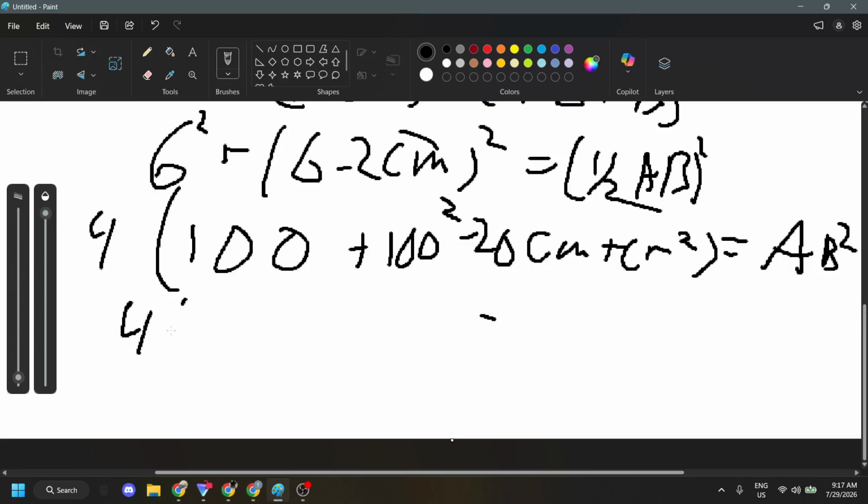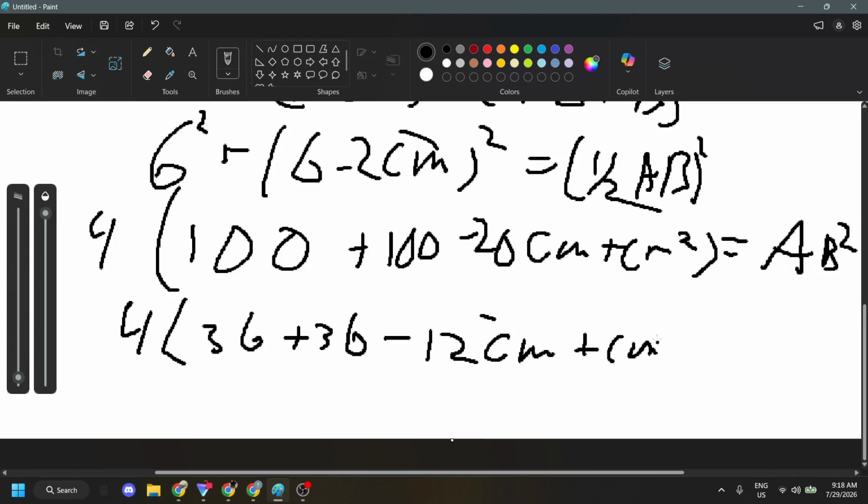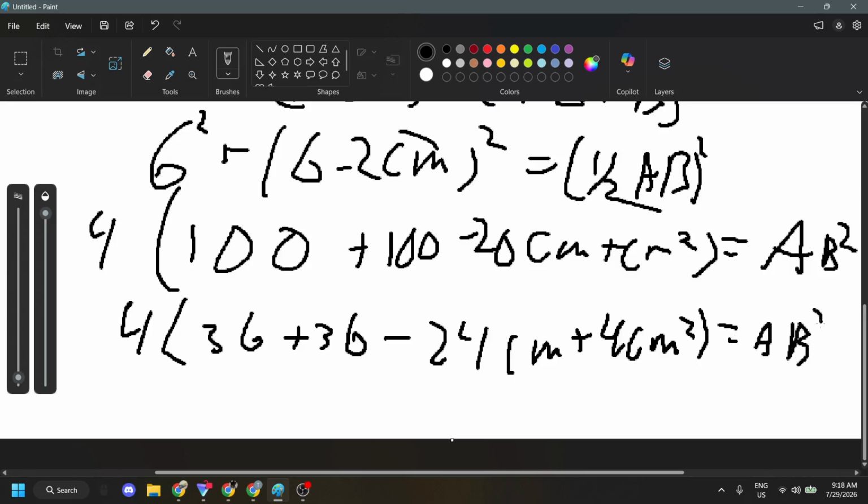Then same thing down here, we have 4 times 36 plus 36, not 100, minus 12 CM plus CM squared, no, because it's 2 CM, it's going to be 6 times 12 CM, so 24 CM, and then it's going to be plus 4 CM squared is equal to AB squared.